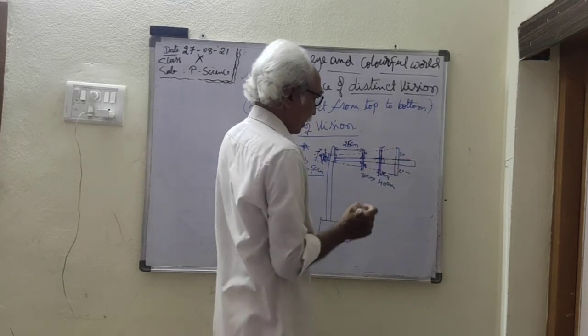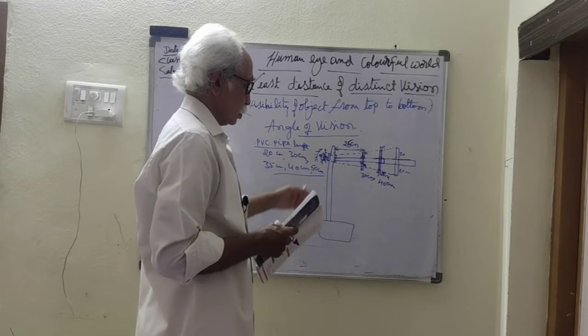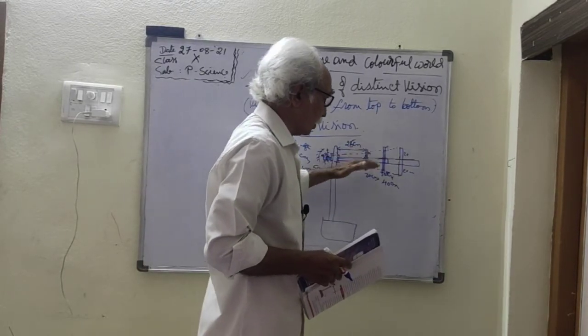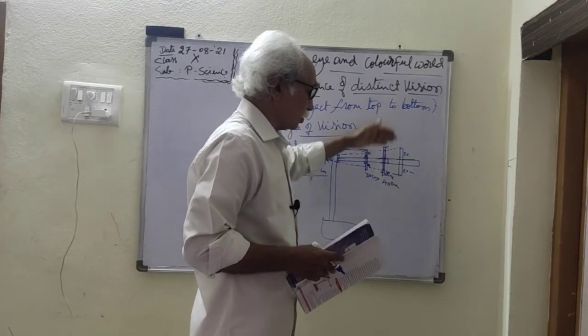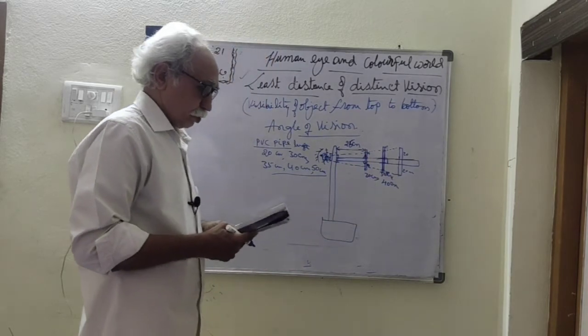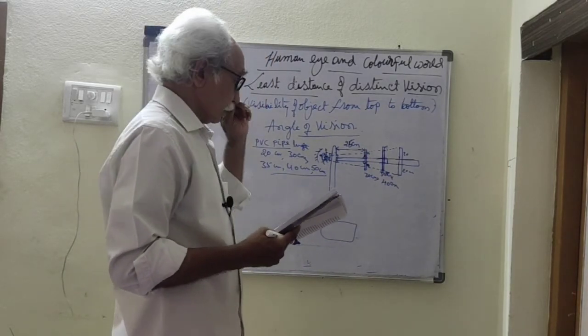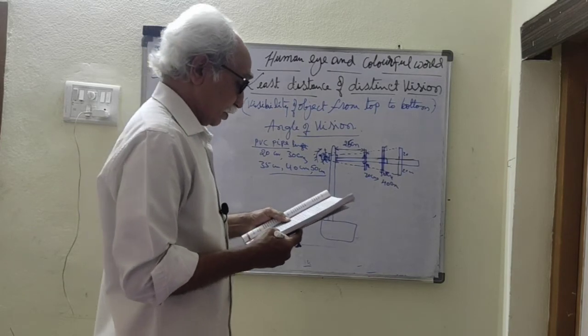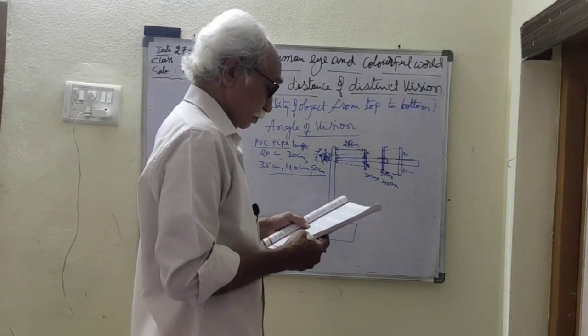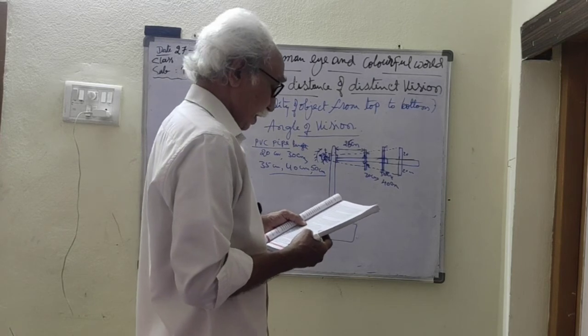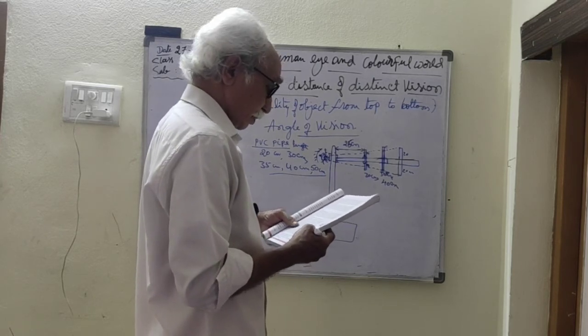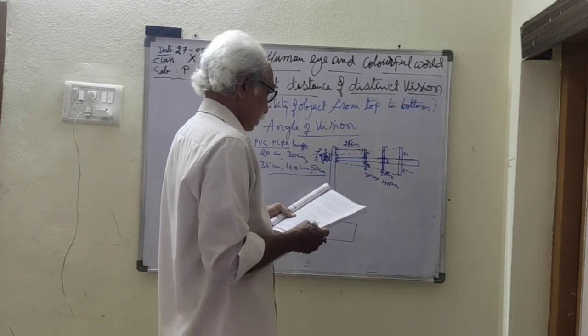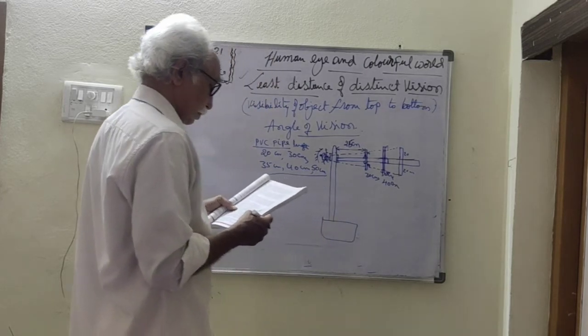So you find here that as the distance increases, the angle of the light rays increases, so we are able to see the whole object from top to bottom. So there is some angle between the rays. A dash B dash is shown here.